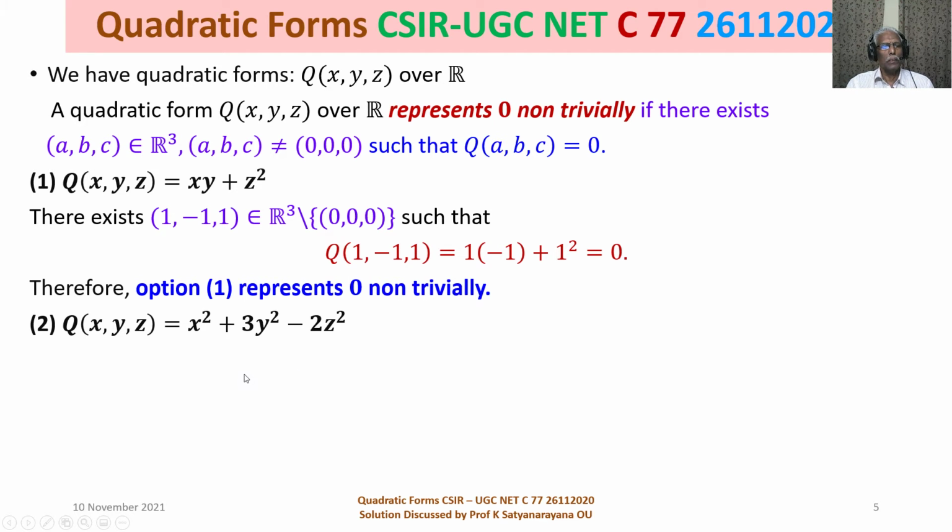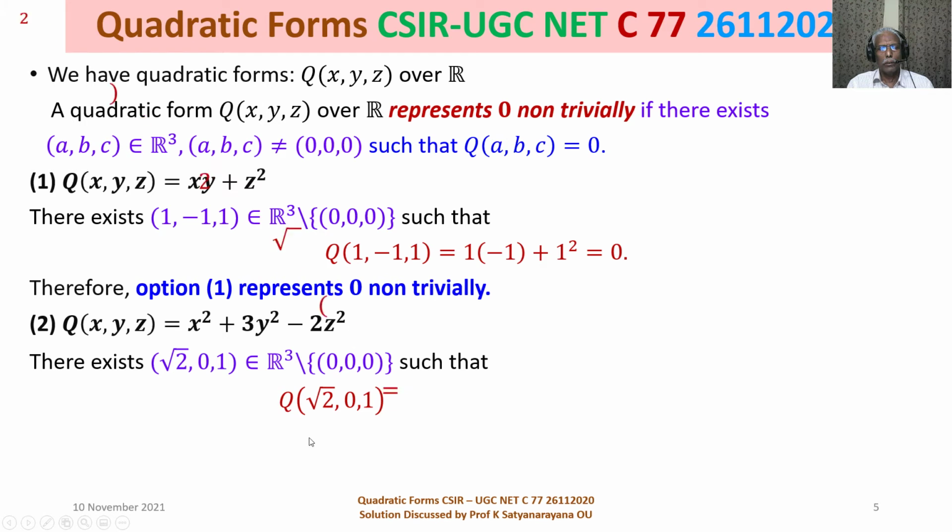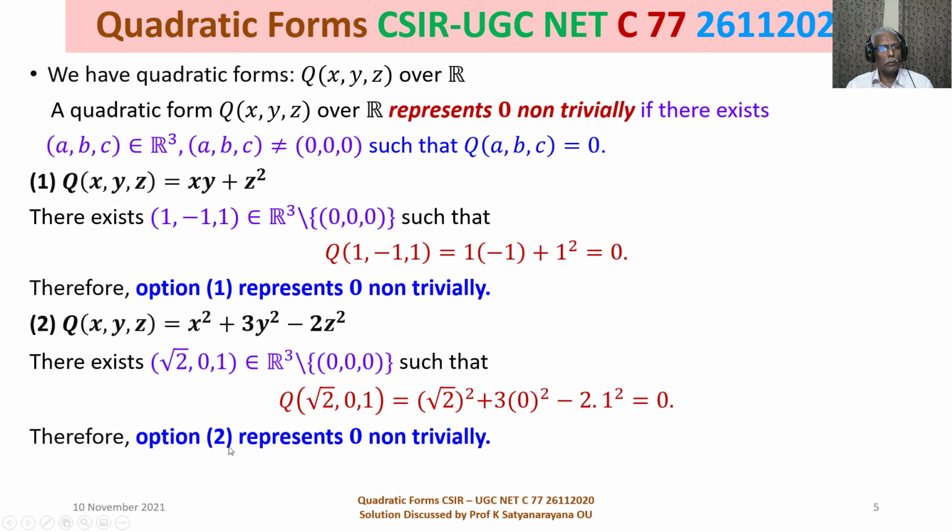We have considered root 2, 0, 1, which is a triad from R cube, not a 0 triad, such that Q of root 2, 0, 1 is root 2 square plus 3 times 0 square minus 2 times 1 square, that will be 0. Therefore, option 2 represents 0 non-trivially.